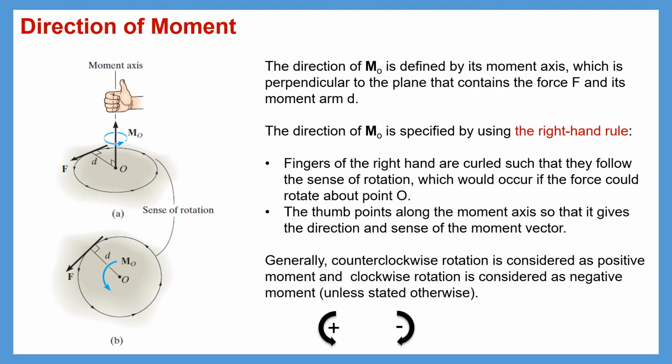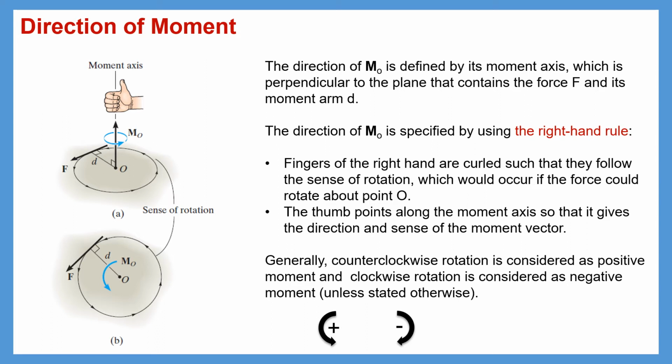Remember that we said that moment is a vector, so it has a magnitude and direction. We saw how to calculate its magnitude, and now we are going to learn how to decide its direction.